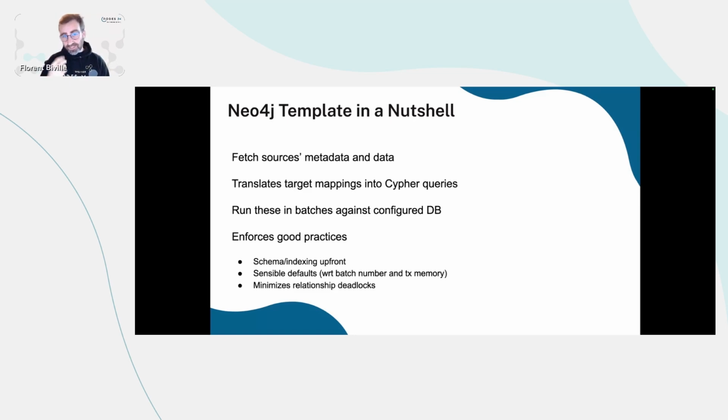That word escaped my mouth a few seconds earlier than I wanted. You have node targets, relationship targets and custom query targets, which are ways to define how you map batches of source records to nodes and relationships.